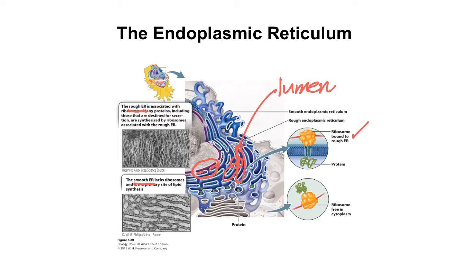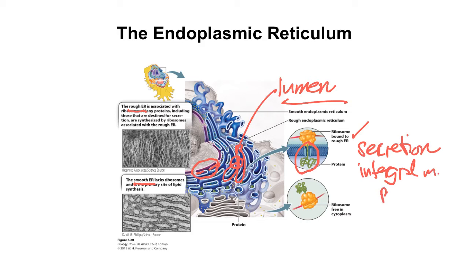And these ribosomes are synthesizing or manufacturing proteins and directly delivering them into the lumen of the ER. And usually this happens if, let's say, the proteins are meant for secretion, if they need to be secreted out, or if they are integral membrane proteins, for example, membrane proteins.